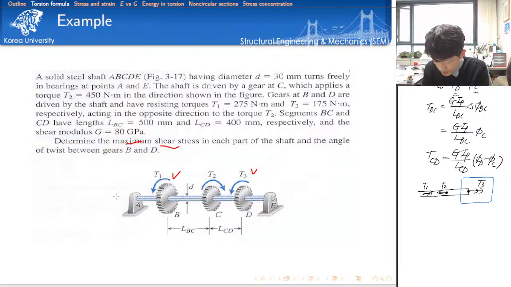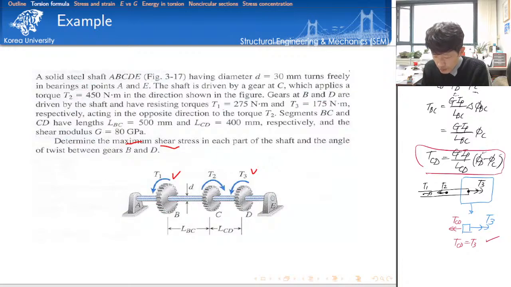So for example, here if you do that, then we have the external torsional moment, and then we need to consider the internal torsional moment. Do you remember last time I told you that we're going to use the right hand rule? If you use the right hand rule, it's the stretching direction, okay? Then the direction of my internal torsional moment looks like this. This is positive T CD, which means T CD should be equal to T3. Okay, this is the first equation.